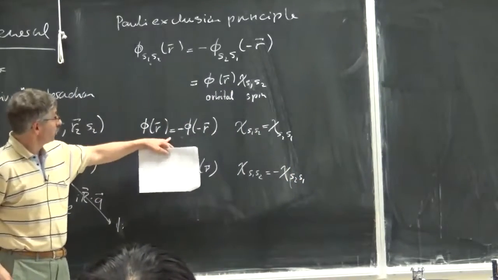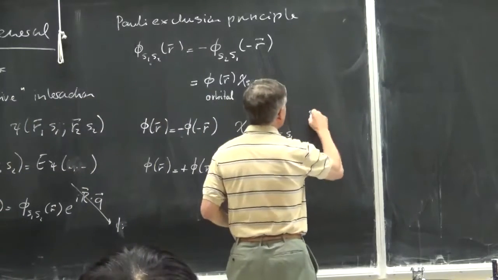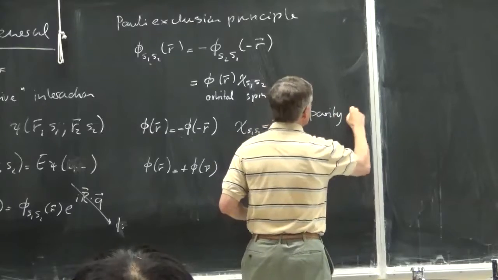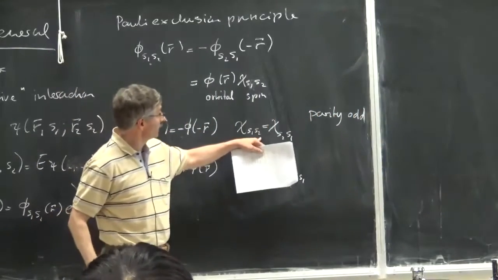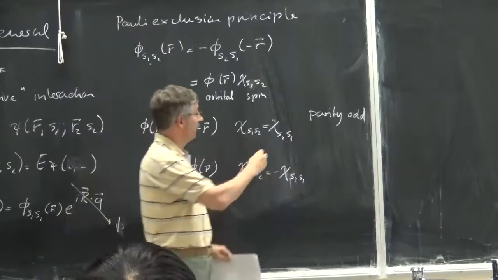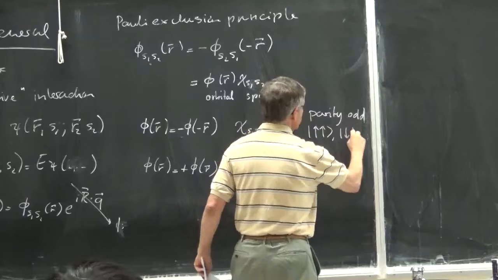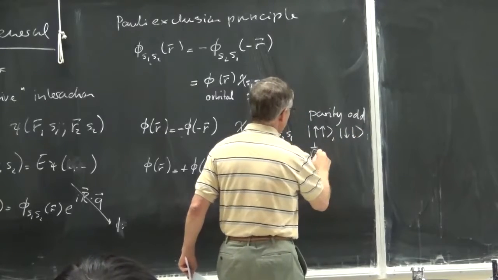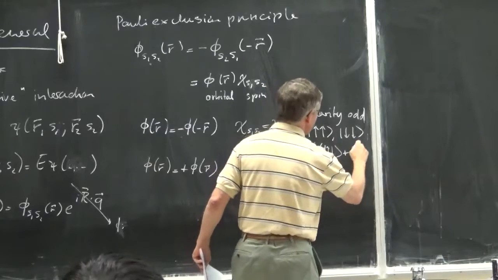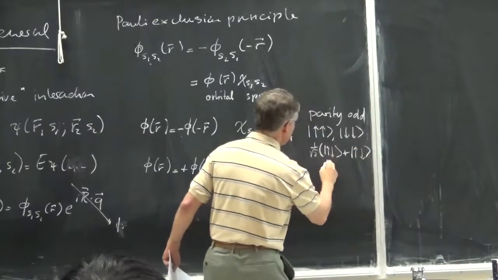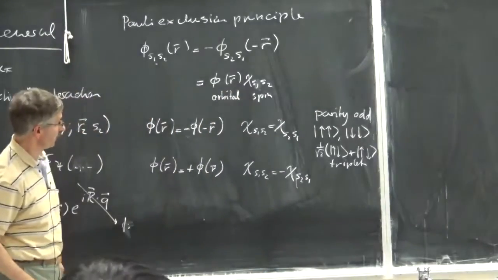And so this one here is an odd parity state. And the spin configurations do not change. That's, for example, a state where we have up, up, or down, down, or 1 over square root 2 up, down, plus down, up. This is the spin triplet situation.